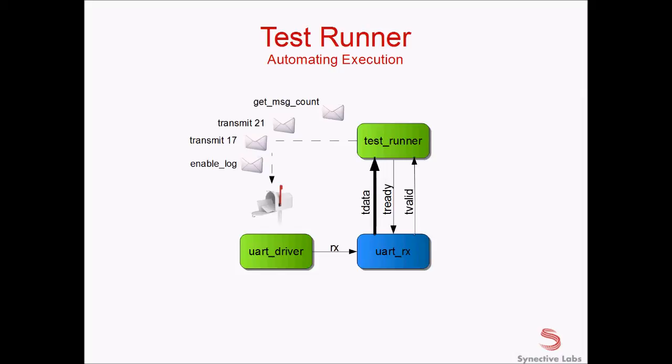Those messages contain commands like transmit the value 17 onto the serial input of the UART receiver. Once the UART receiver receives that bit sequence, it will assemble that into a byte again and output that on the tdata output. That can be read by the test runner and compared to the expected value.